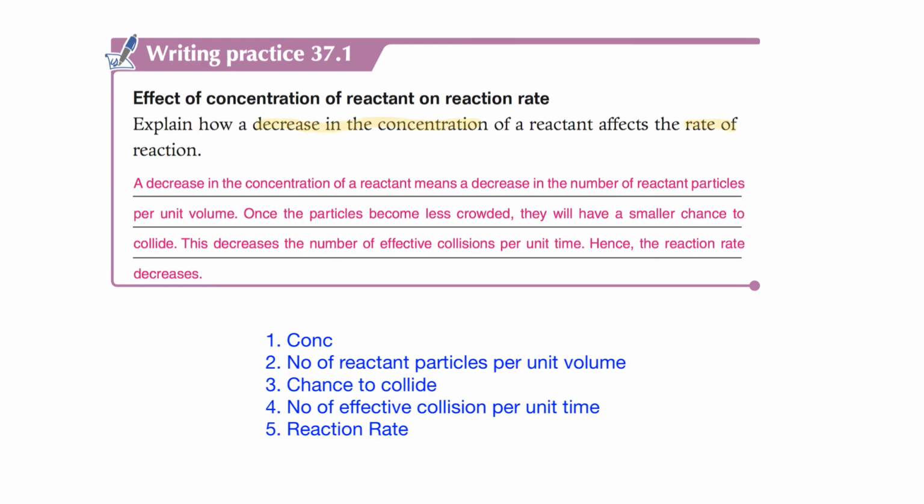How will it affect the rate? So basically, again, decrease the concentration, the number of reactant particles per unit volume will decrease, the chance to collide will decrease, the number of effective collisions per unit time will also decrease, and the reaction rate will then decrease. So for these kinds of questions, if very simple, not comparing two chemicals, then you can explain in detail.